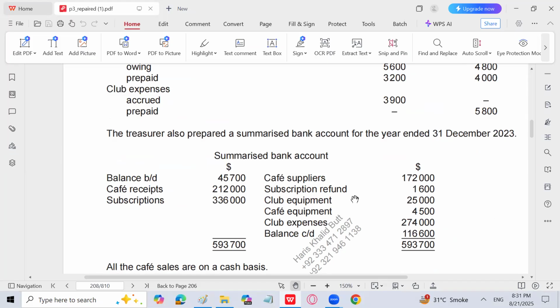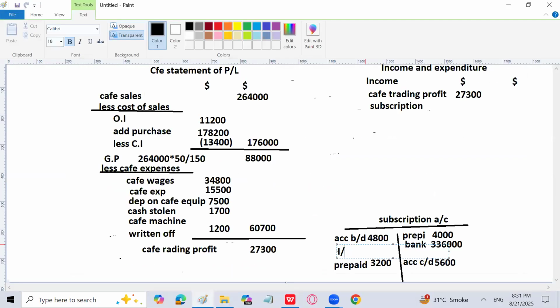So the entry for this is subscription debit and bank credit, because we are returning to those members the amount of 1,600. Subscription refund will come on the debit side. So we have to write here the refund to members, 1,600. And now the difference will be written with the income and expenditure account, and that will be shown as subscription income in the income and expenditure account.